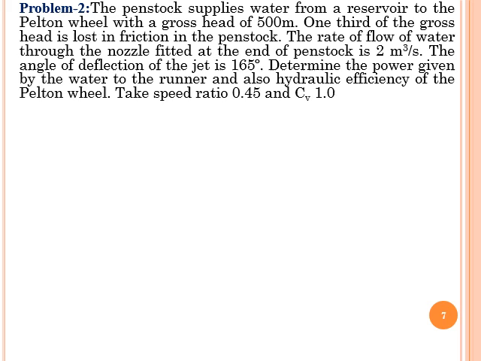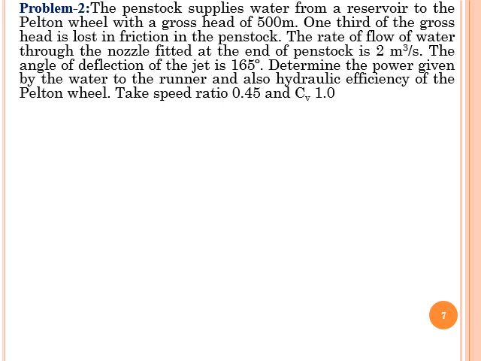The angle of deflection of the jet is 165 degree. Determine the power given by the water to the runner and also the hydraulic efficiency of the Pelton wheel. Take speed ratio as 0.45 and C of V as 1. After that, now write the given data here.